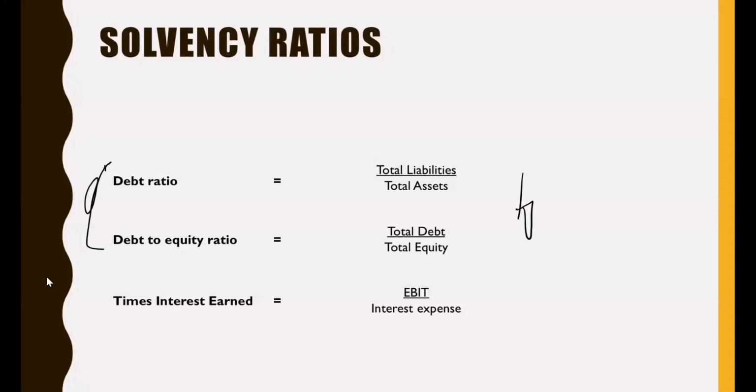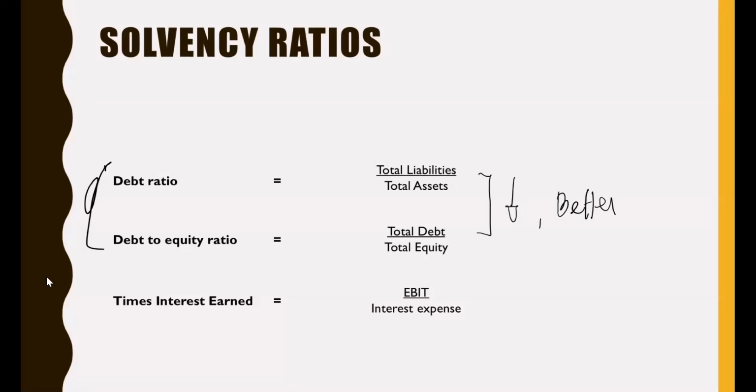Okay, bakit nga lower? The lower, the better. Okay, because it simply means that the company has lower debts, and of course, they will be forced to pay less interest in the future.